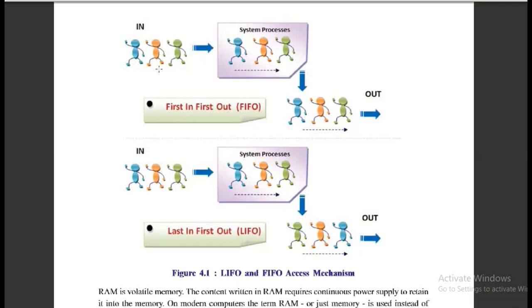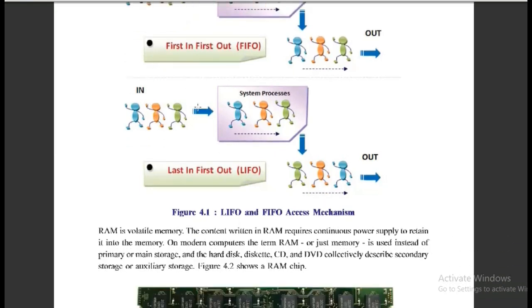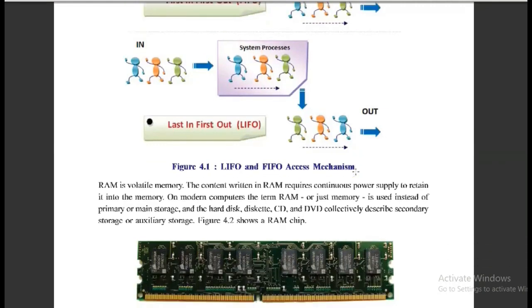So these three things you can consider as processes. Now in last in, first out, this sequence gets reversed. Here first, second, third. Now in the output it is reversed, that is 3, 2, and 1.